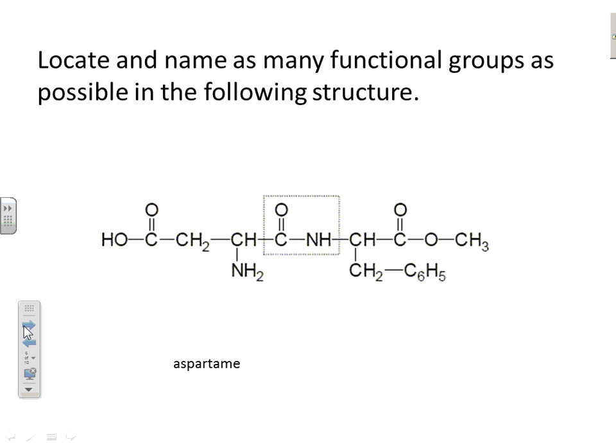So if someone could point out to me a group that looks familiar to you, use your sheet if you've got it nearby. Anybody see some connections that we just wrote down?